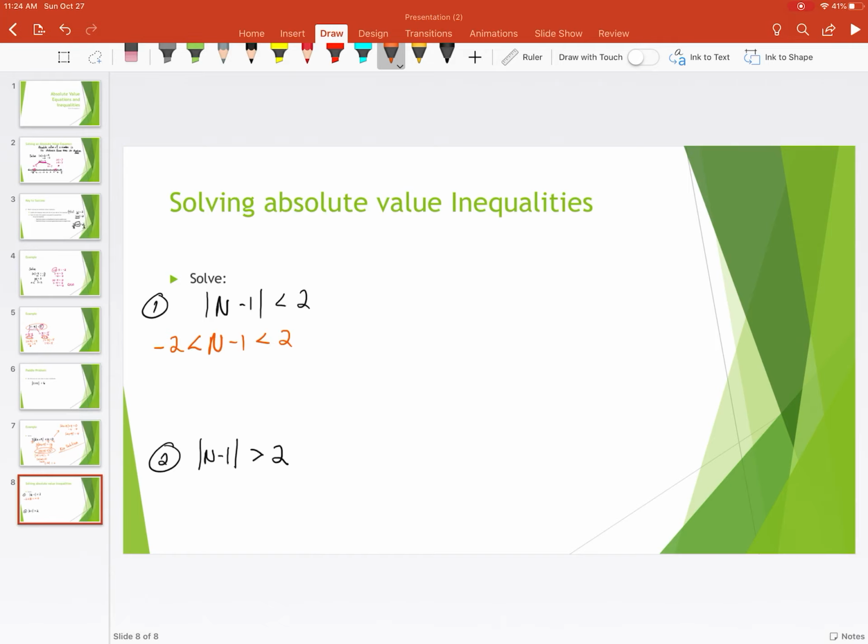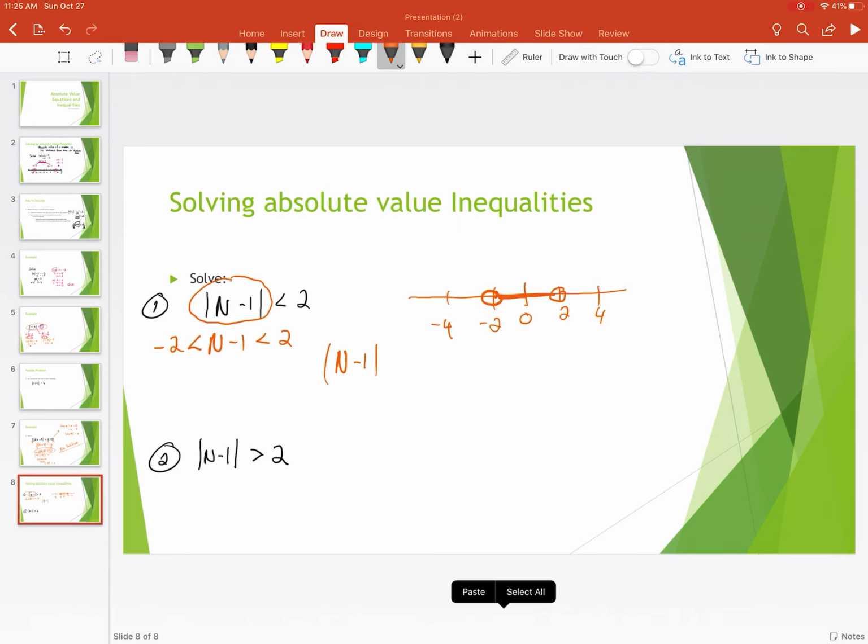Okay, so let's say n minus 1 is less than 2. But it could also be greater than negative 2, right? Because whatever this evaluates at, we could have less than 2 or greater than negative 2, right?